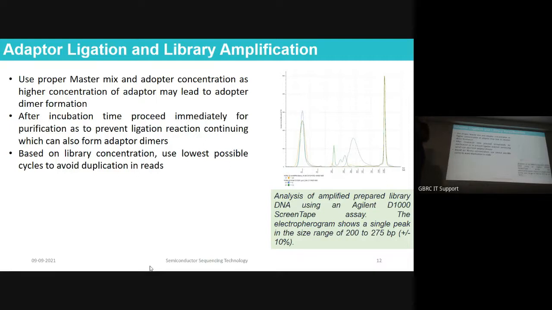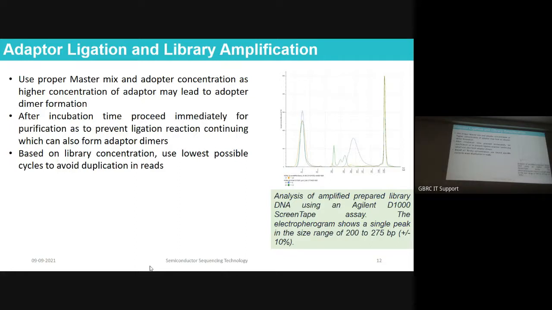Otherwise, there will be a bias. Some regions are sequenced more, some regions are sequenced less. So you need to actually reach an optimum point where your library is getting amplified properly.